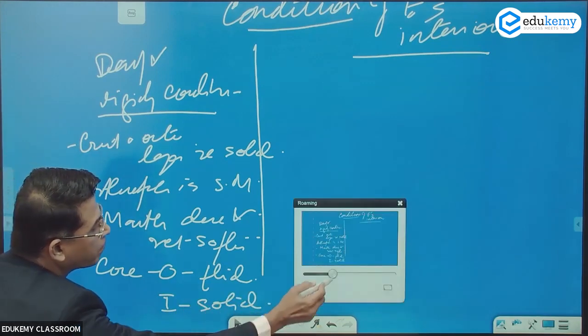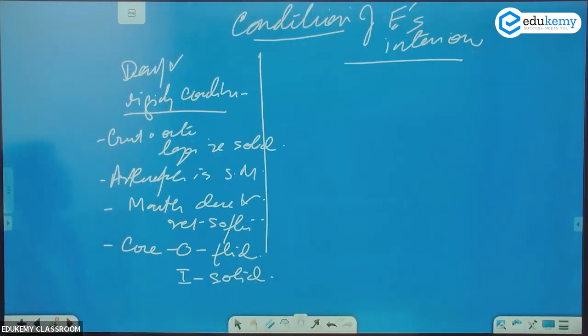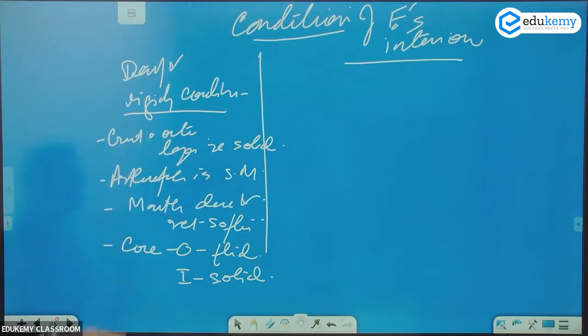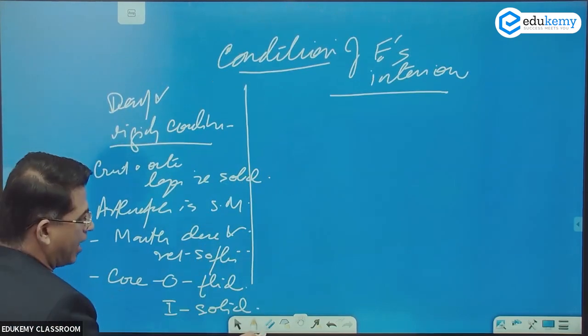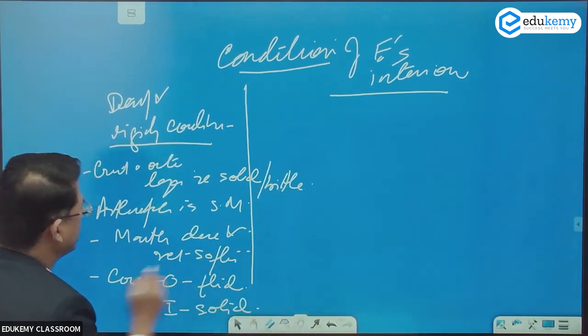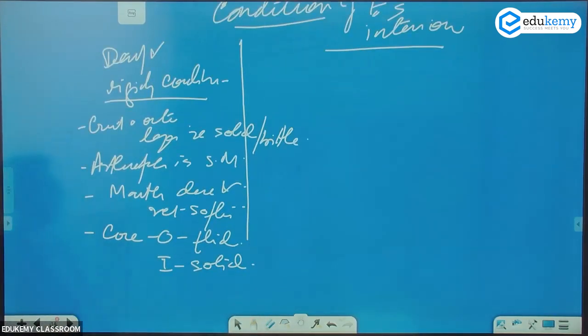The density and the rigidity conditions. The crust and the outer layers are solid and they are brittle. The asthenosphere is semi-molten. The mantle is dense and relatively soft.